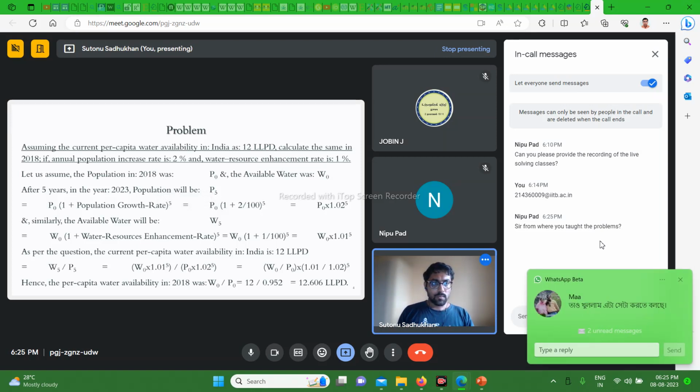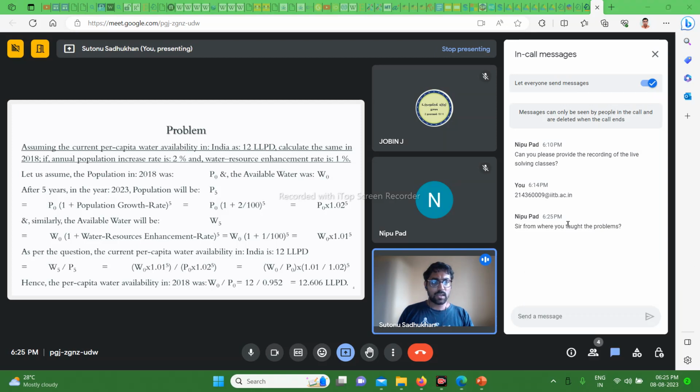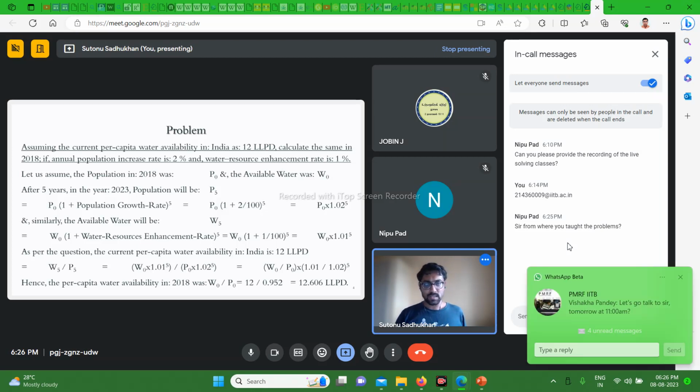From where did I take the problems? Actually, Nipun, the problems are similar to whatever is given in the assignment. In the last class, people told me that they are having doubts in some problems, so I have prepared these problems in line with those. Problems 15, 14 and 13, these three, people have told me they have doubts.